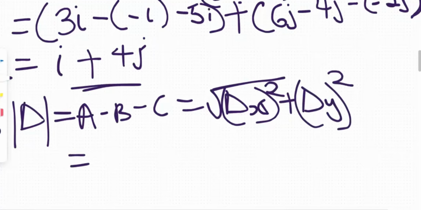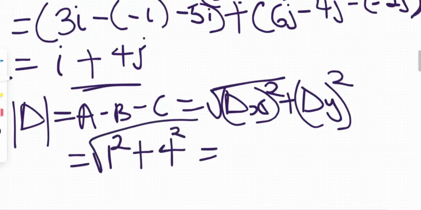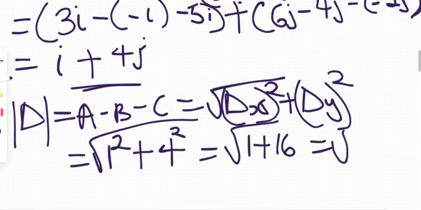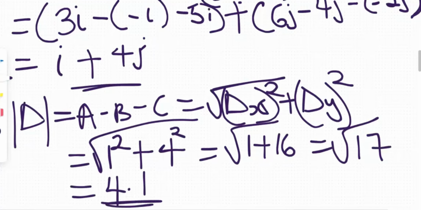The x here is 1 and the y is 4, so 1 squared plus 4 squared, square root of that. That will give us 1 plus 16, and that is root of 17. The square root of 17 is 4.1. So this is the magnitude of A minus B minus C.